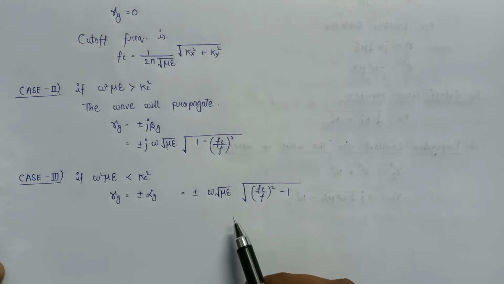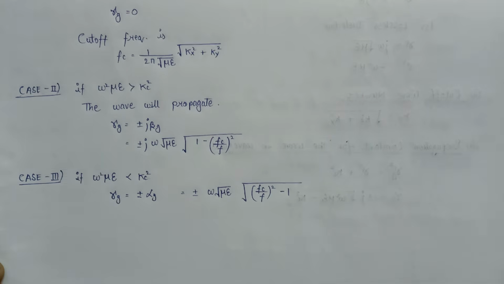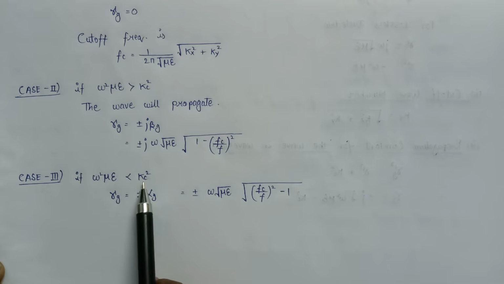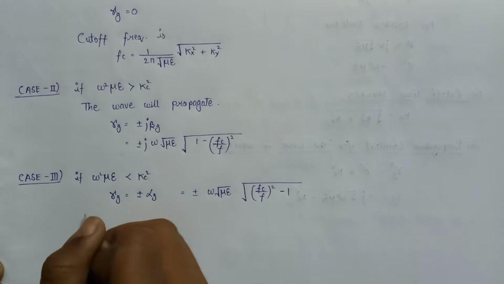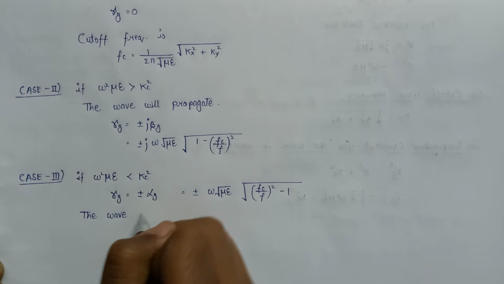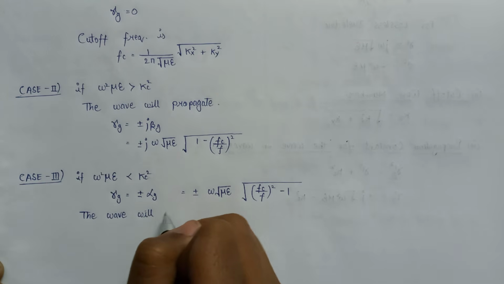This is the value of the attenuation constant. And since omega square mu epsilon is less than kc square, in this case the wave will get attenuated.